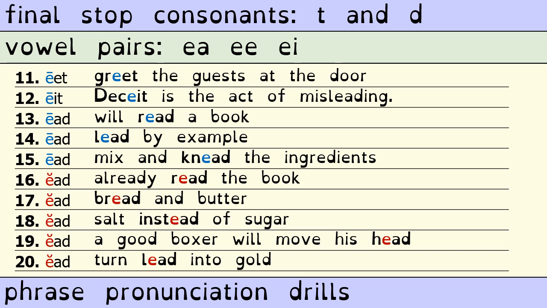We have more phrases. 11. Eat, greet the guests at the door. 12. Eit, deceit is the act of misleading. 13.